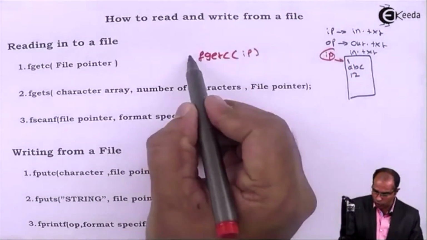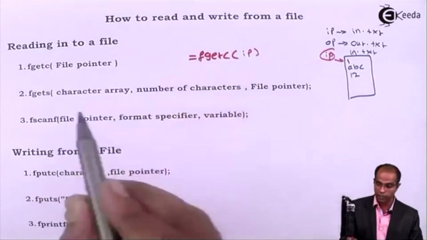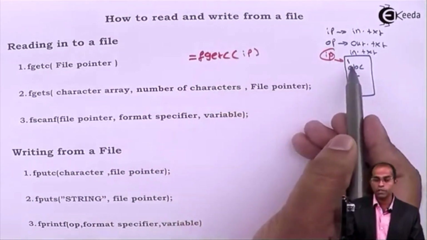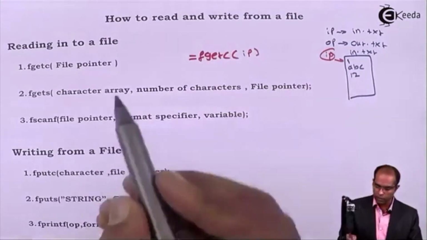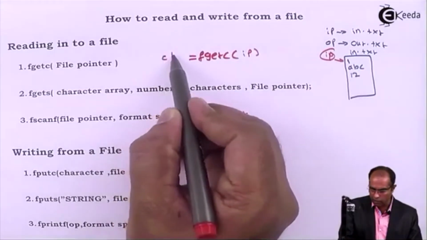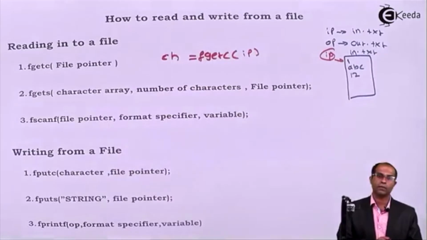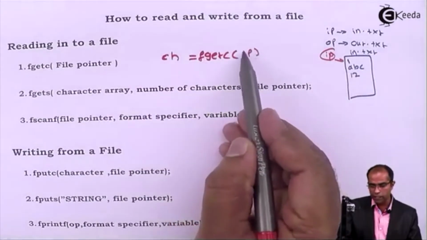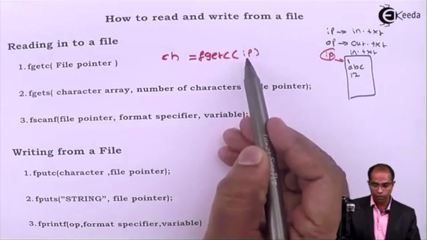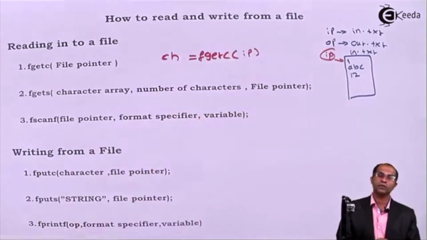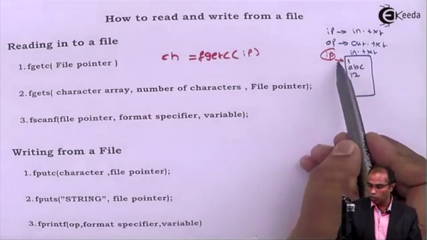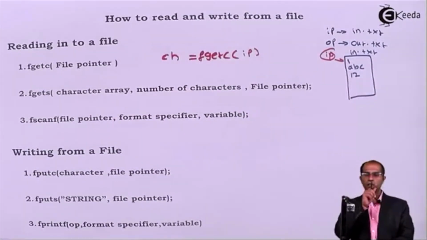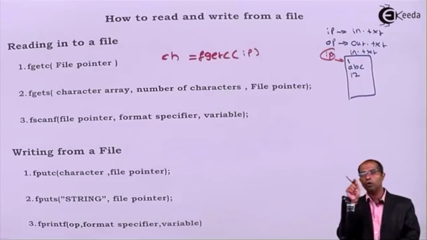But this should always be associated with some variable on the left-hand side, because fgetc will read any information on the file as a character. Assume that ch is a character variable. So fgetc reads one character from the file pointer IP and stores that into ch. The file pointer automatically moves to the next location. As soon as the processing is done, the pointer will always point to the next location.